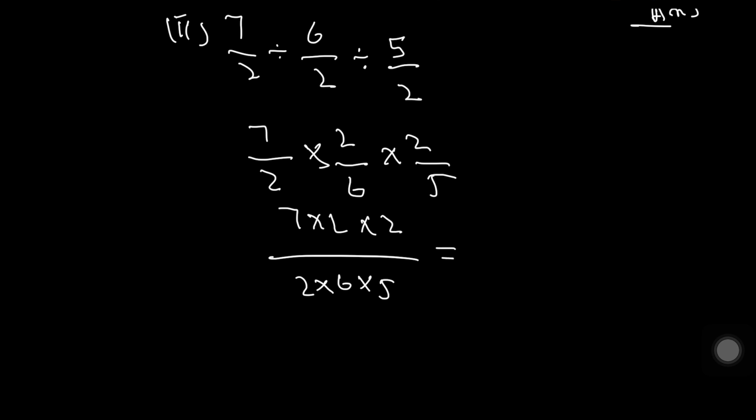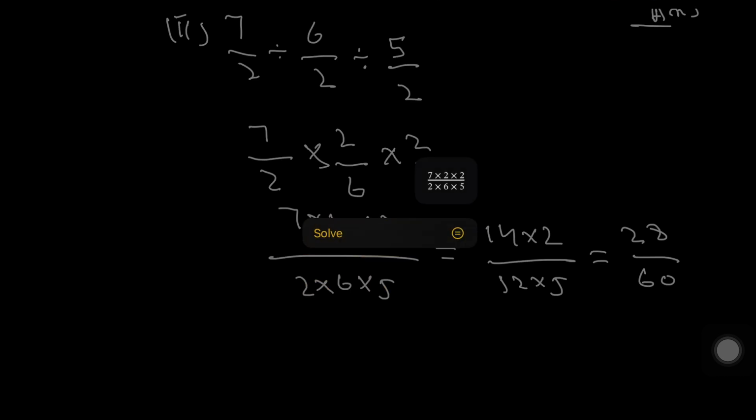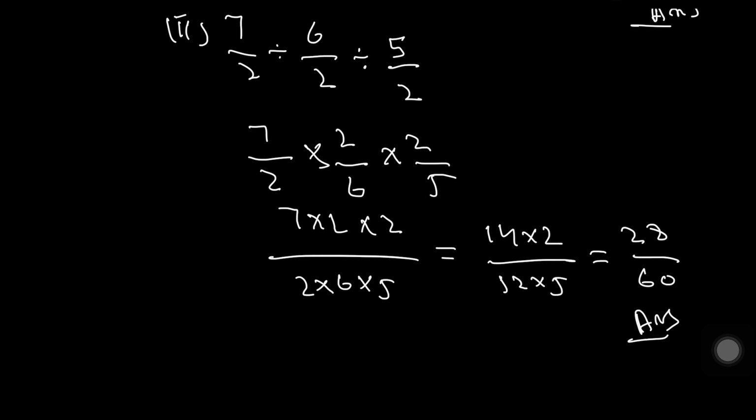So 14 multiply 2 divided by 2 multiply 6 is 12 multiply 5. So here 28 over 60 is our final answer of this question number 2.